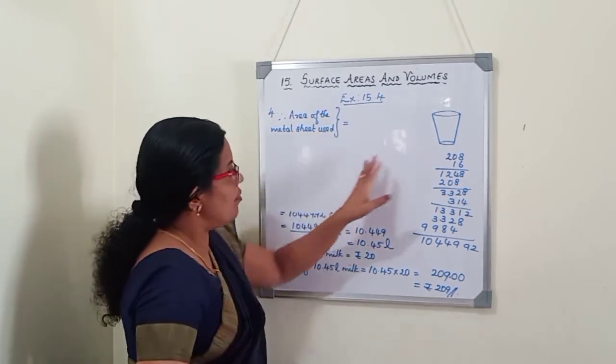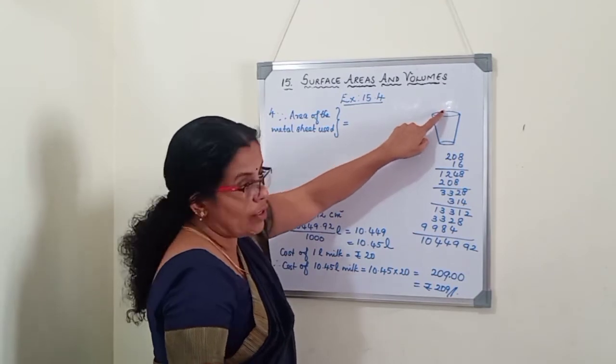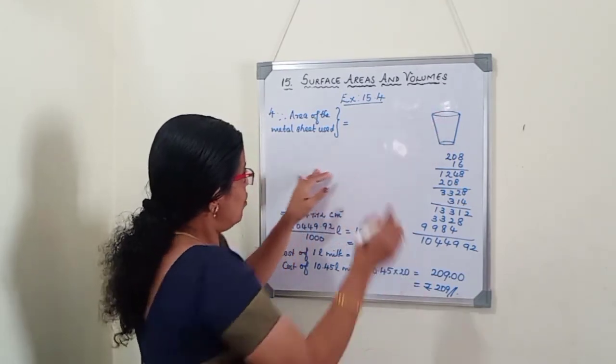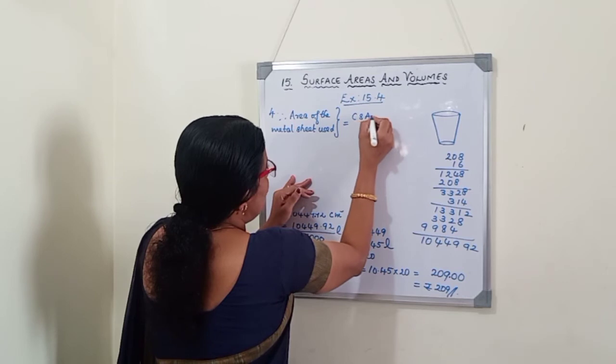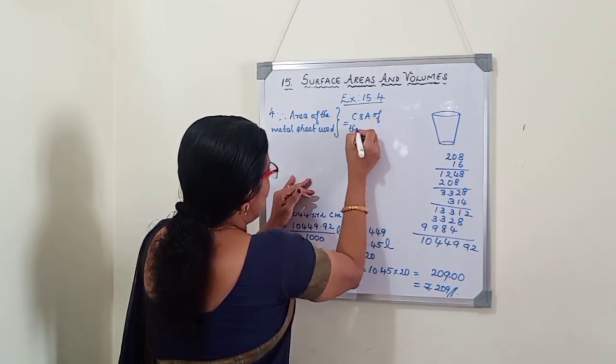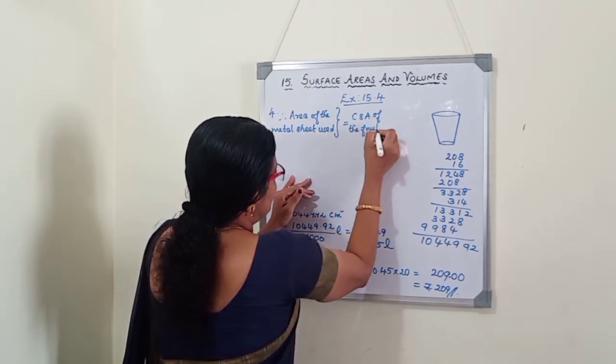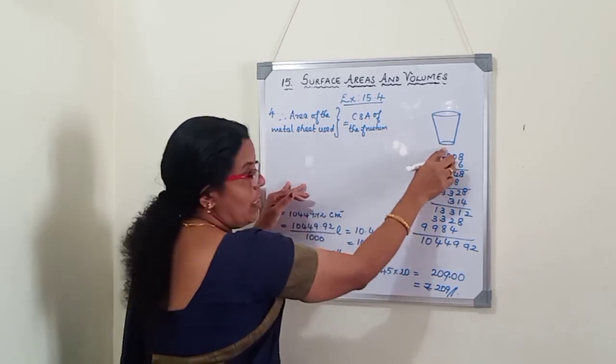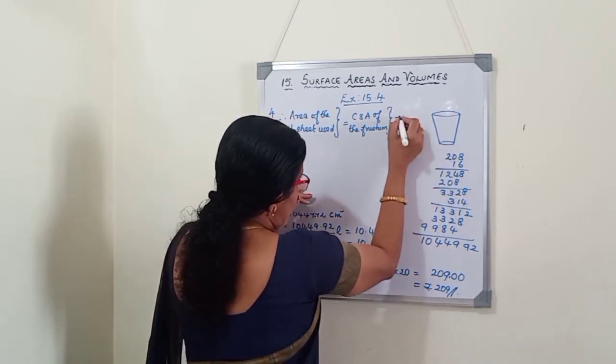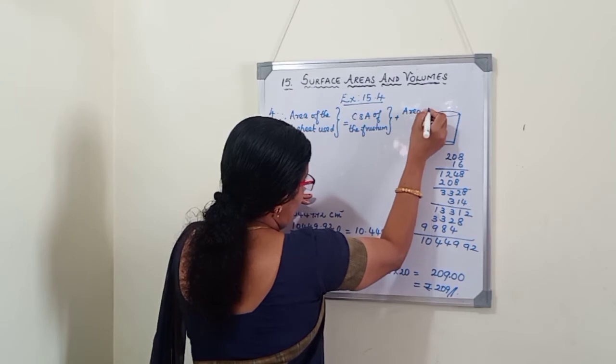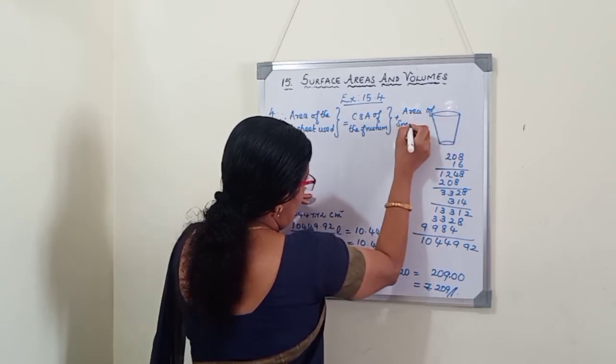The top part of the container is open, so the area is CSA of the frustum of a cone plus area of the smaller circular surface.